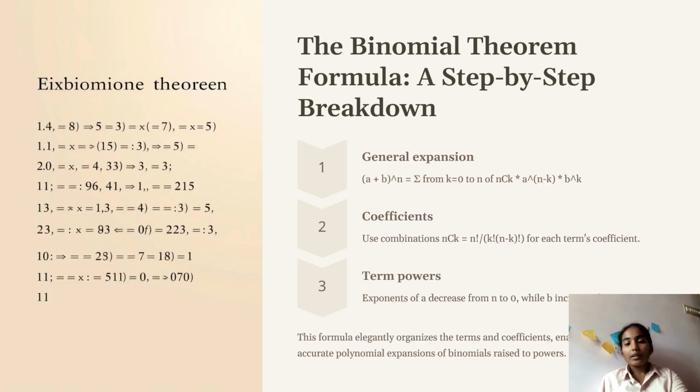Use combinations, nCk equals n factorial divided by k factorial times (n minus k) factorial, for each term's coefficient. Term powers. Exponents of a decrease from n to 0 while b increases from 0 to n. This formula elegantly organizes the terms and coefficients, enabling quick and accurate polynomial expansions of binomials raised to powers.